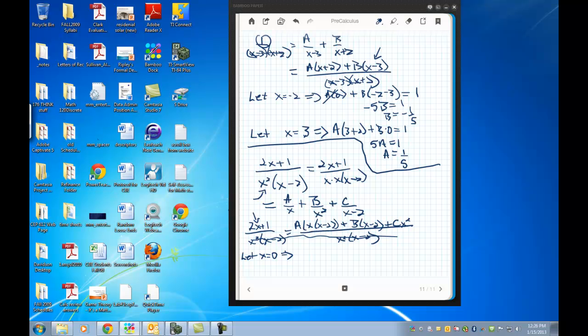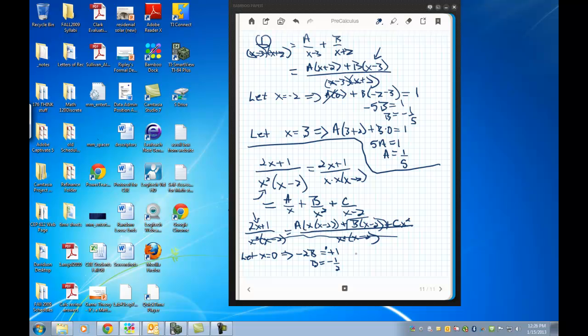Who cares what else is there? And c times x squared, which is c times 0, disappears. What I'm left with is negative 2b, because that's what comes out of this term, is equal to, well, that's a 0. So 2 times 0 is 0, plus 1. So I guess I should put a 0 there if I had to. So b equals negative 1/2.